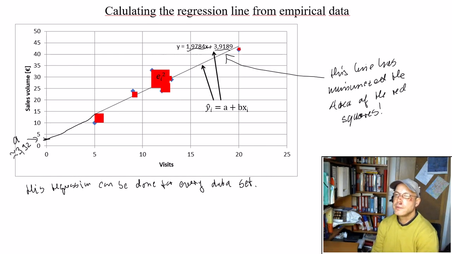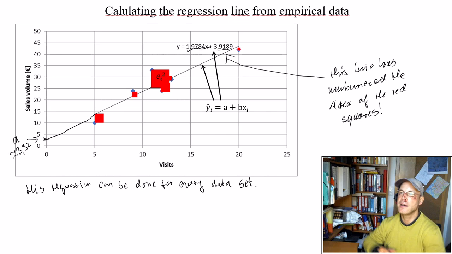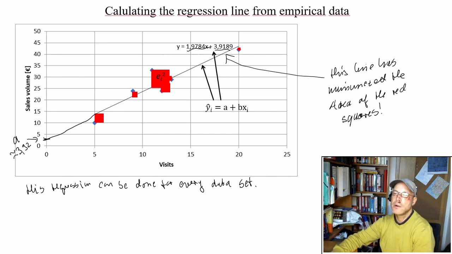And then of course we can think that our data points could lie very well in the neighborhood of our regression line, but also that our data points may fluctuate very much around our fitted line.